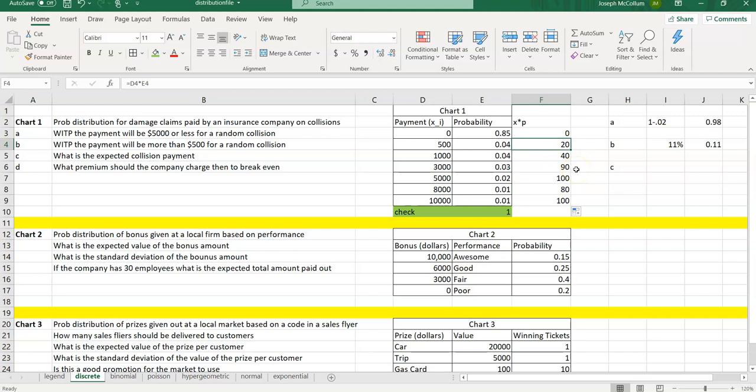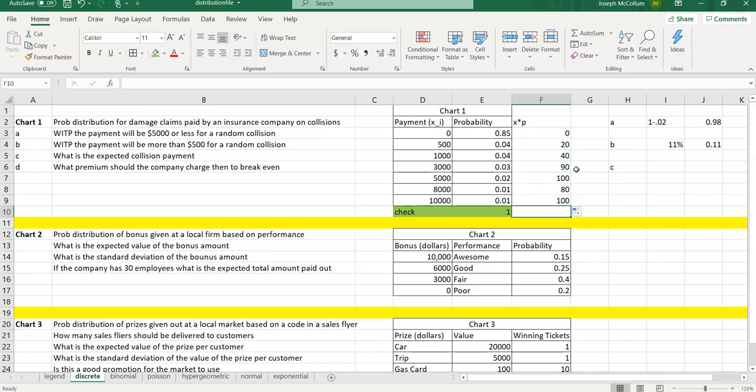If you're doing this by hand, obviously you just have to understand that for each and every payment type, you're going to have to do x times this probability. That's what this column represents. You have to do each payment times the probability for each payment type. That's why the xi, to represent an index of how many times you have to do it.